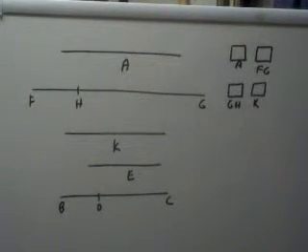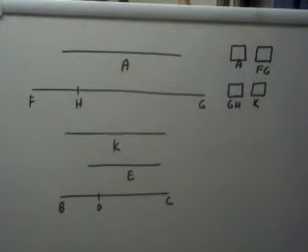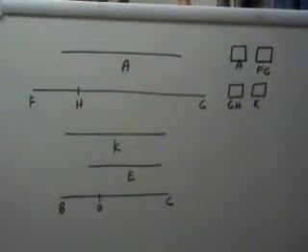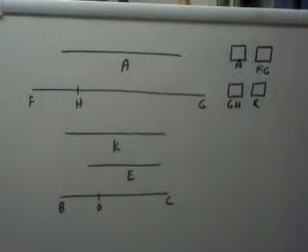Since then, as BC is to CD, so is the square on FG to the square on GH, therefore, convertendo, as BC is to BD, so is the square on FG to the square on K. But BC has to BD the ratio which a square number has to a square number.